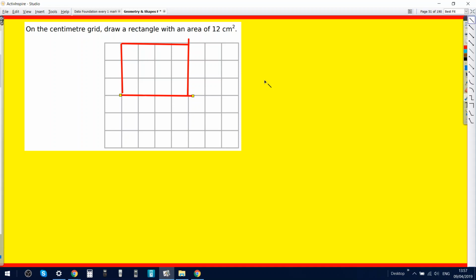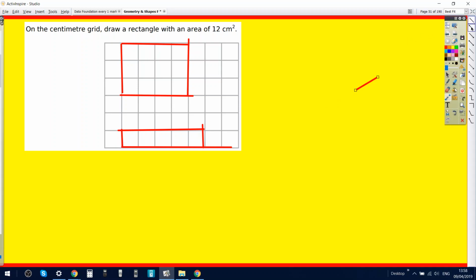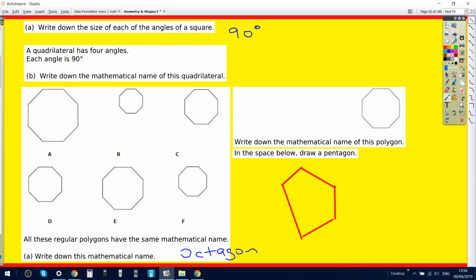That's 5 along, and then 1 up, 5 along. Yeah, that would do it. So you do half of it. 1 up, 1, 2, 3, 4, 5. So half of it would be 6, and then the other half would add up to 12. Yeah. So that would be perimeter. It's just quite taxing.